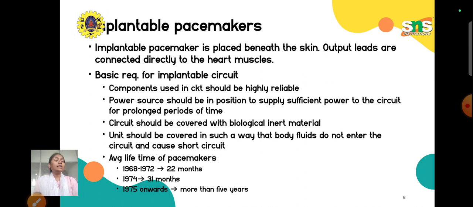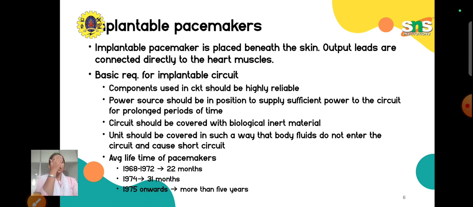And then the components as a whole, as a pack, should be covered so that no fluids get inside the circuit. The reason is that if you place the pacemaker inside the body and there are any small holes without proper covering, your body fluids can get inside the circuit, and there is a high risk of short circuit.